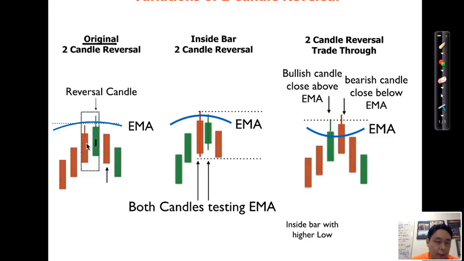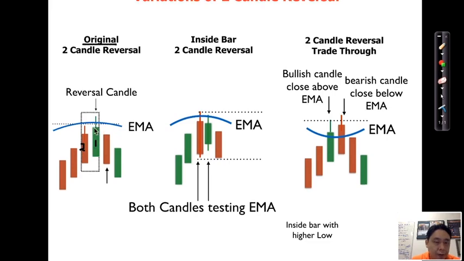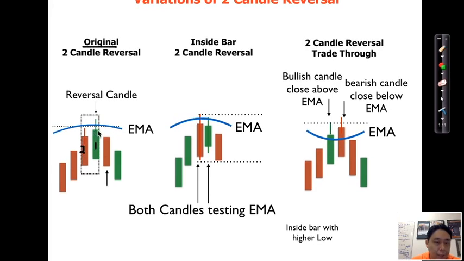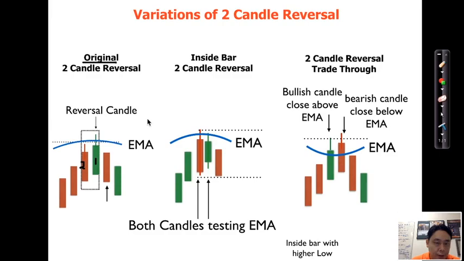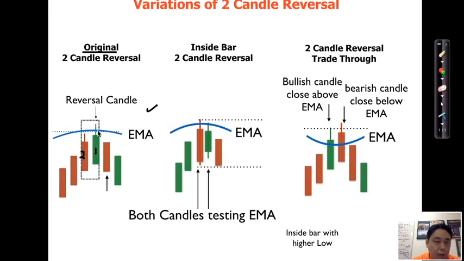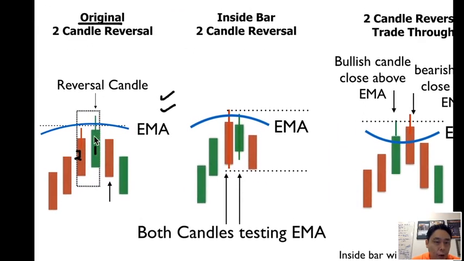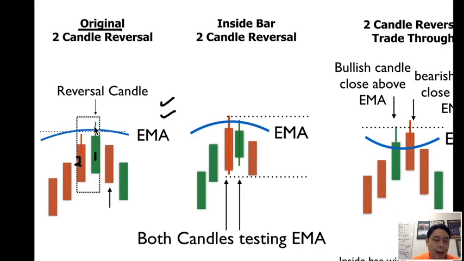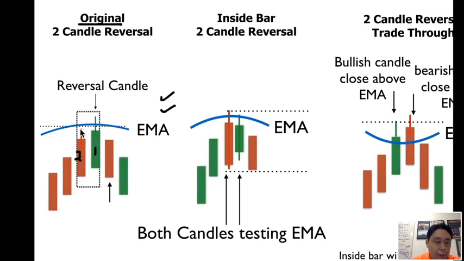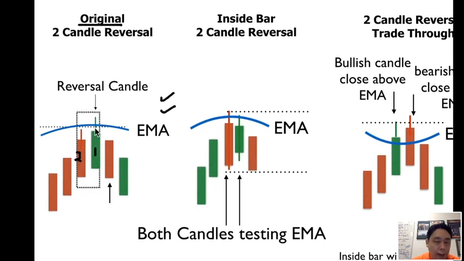So that's candle 1, that's candle 2. Again, let's review the criteria. The reversal candle must have the body below the moving average. Check. The upper shadow must cut the moving average. Check. The upper shadow of the reversal candle must cut the high of the previous day's candle, shown by this dotted line.